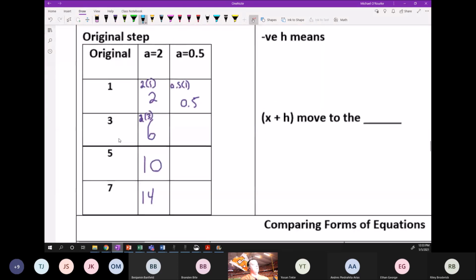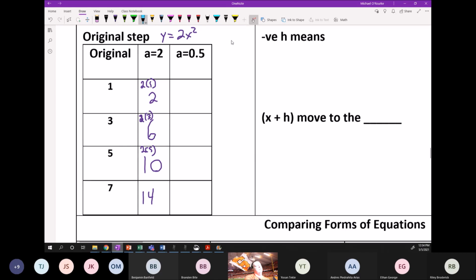So you can look here how our original step pattern is this pattern. Our original step pattern is 1, 3, 5, 7. If our A value was 2, so if I had an equation like this, that means our step pattern doubles. So we did 2 times 1 is 2, 2 times 3, this would be 2 times 5, and 2 times 7.